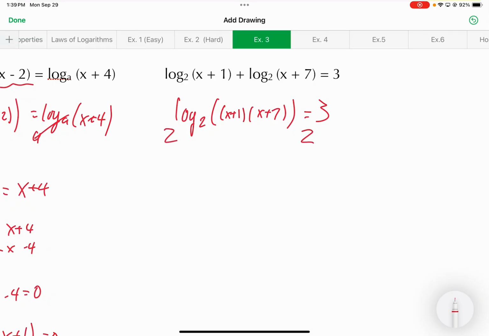Okay? All right? So I have 2 to the log of all this mess equals 2 to the third power. That cancels that out. What I'm left with is this part here. And on the right side is 2 cubed, which is what? 8. So 2 cubed is what I have on the right side. Otherwise, on the left side, I got to distribute. So x squared plus 8x plus 7 equals 8.